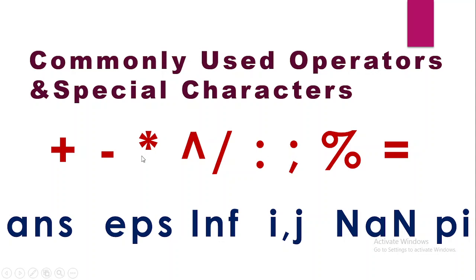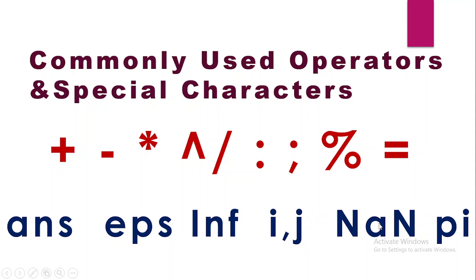Then we have some special variables and constants. These are special variables that you can't use for any other thing. The compiler recognizes them as special variables. ANS means answer. Whenever I see ANS, it's talking about the most recent answer. EPS is talking about the accuracy of floating point precision. Yes. So we have INF, which means infinity. I and J are imaginary units.